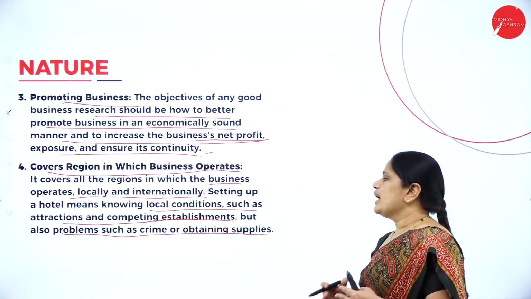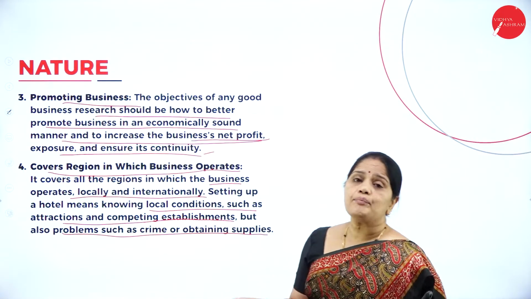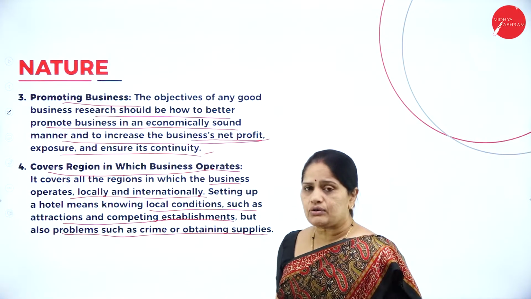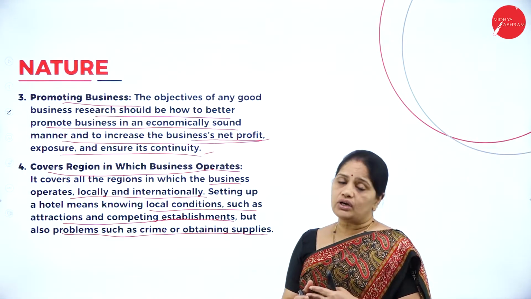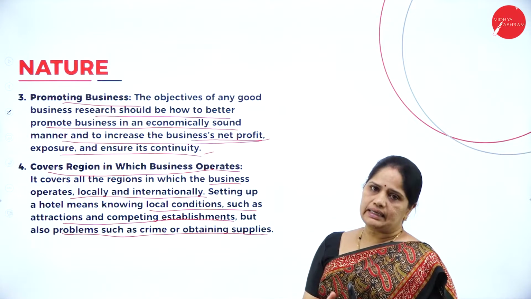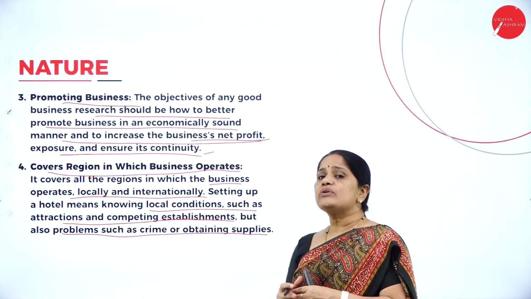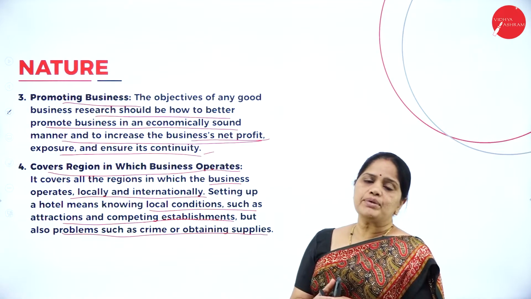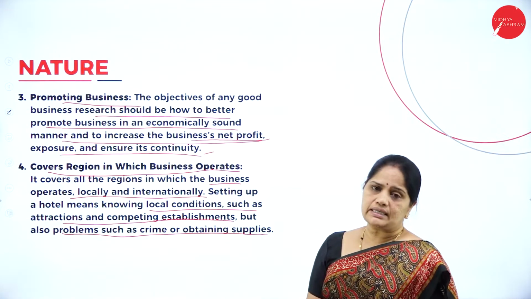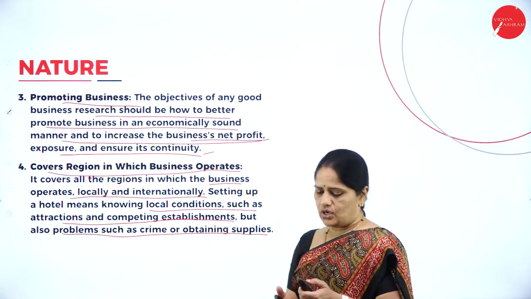You also have to know what the competing establishments are in and around that area, and you should also have a thought for the crime rate in that area. In this way, when you analyze the environment of that particular area, you will be able to know whether you need to start a hotel in that area or not.